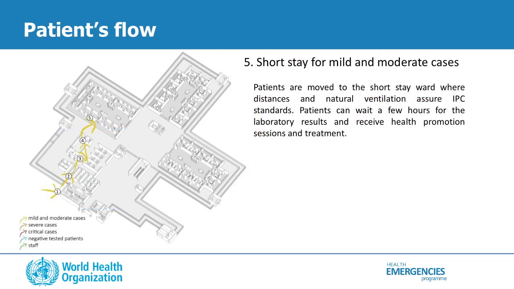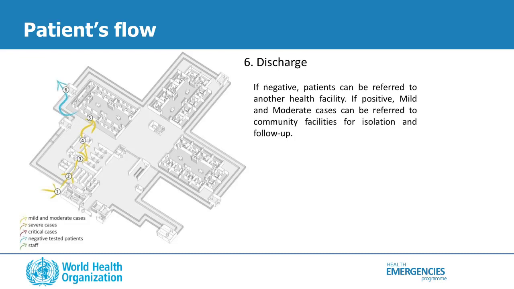Patients are moved to the short stay ward, where distances and natural ventilation assure infection prevention and control standards. Patients can wait a few hours for the laboratory results while receiving health promotion sessions and treatment. For discharge, if patients test negative, they can be referred to another health facility.